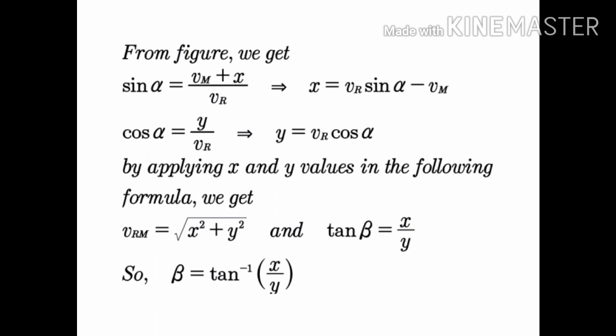By applying x and y values in the following formula, we get VRM is equal to root of x square plus y square. And to find out beta, we use tan beta equal to x by y. So beta is equal to tan inverse of x by y.